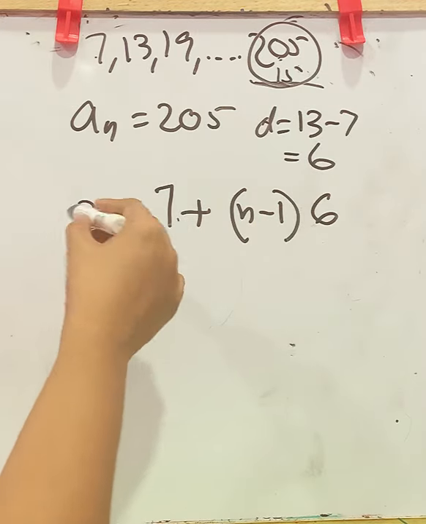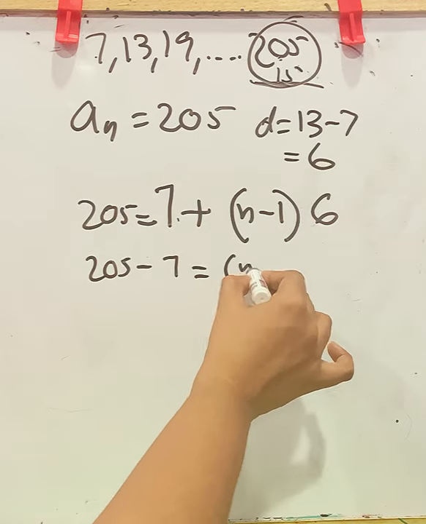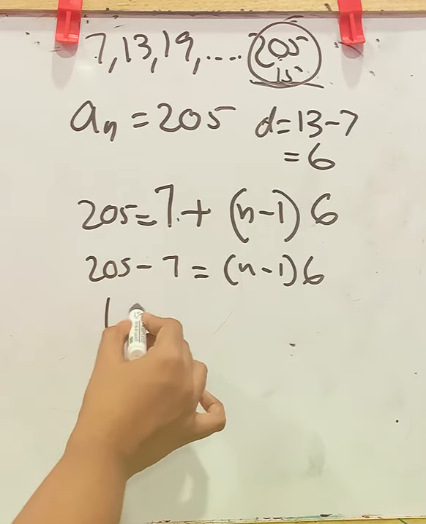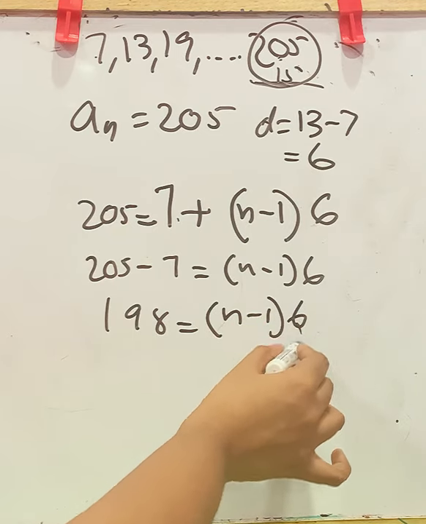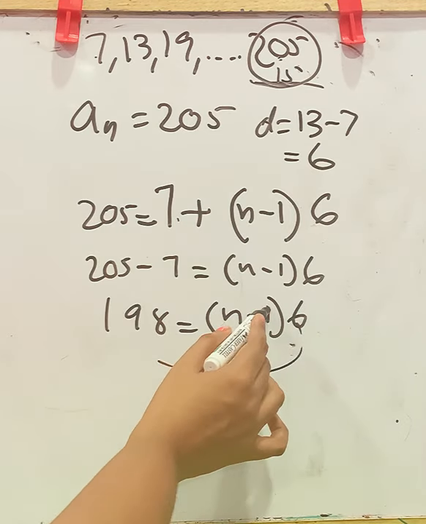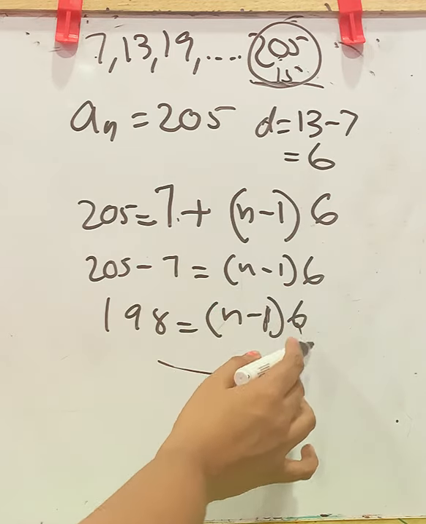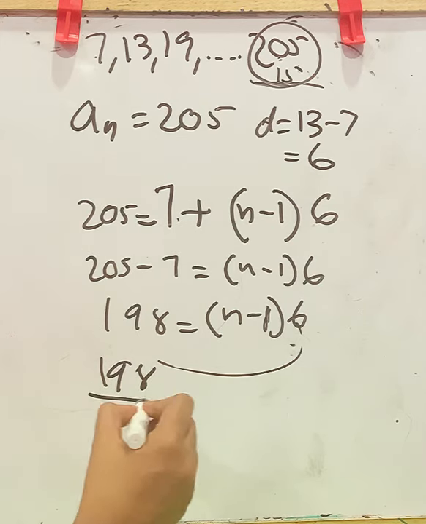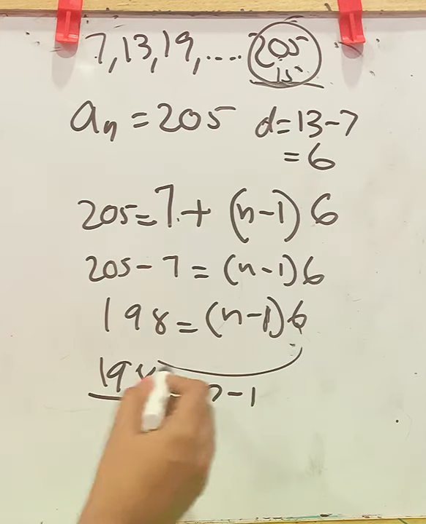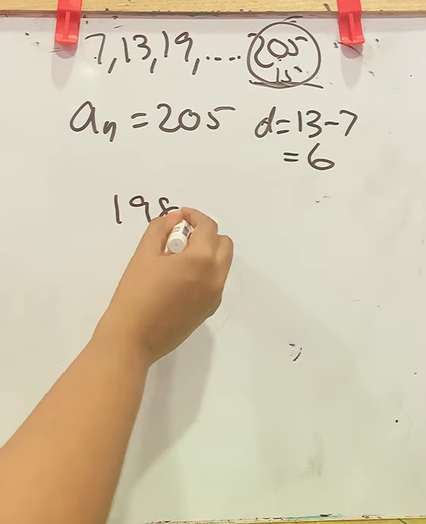Now take the 7 to the side. 205 minus 7 equal to (n minus 1) into 6. 205 minus 7 is 198 equal to (n minus 1) into 6. Now take the 6 to the side. Don't take this 1. Keep it there. It is inside the bracket. So first take 6 to the side. 198 division 6 equal to n minus 1.